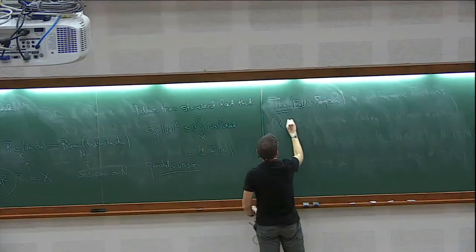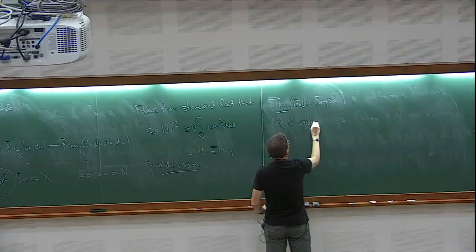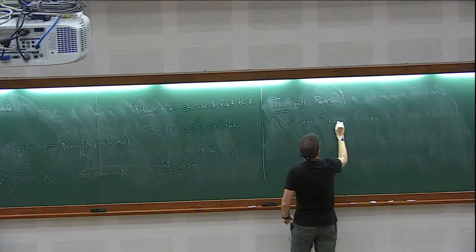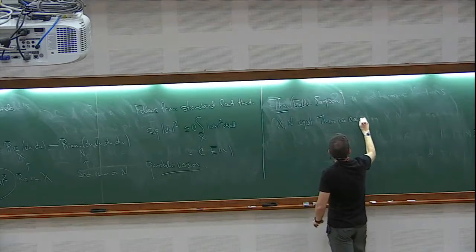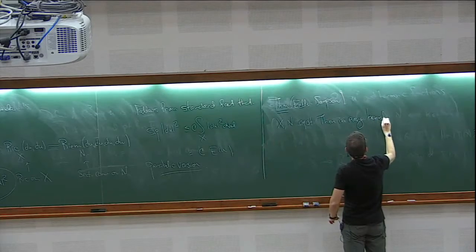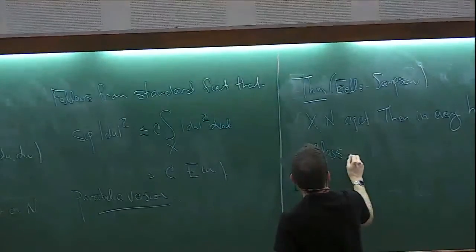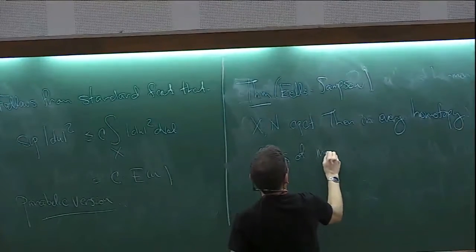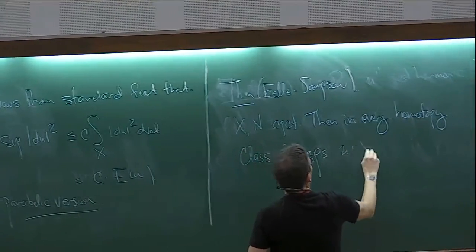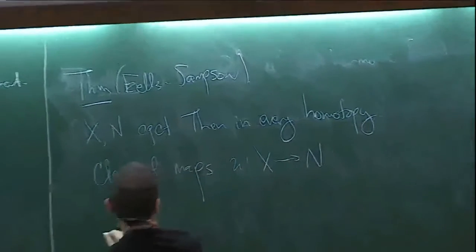Suppose that X and N are compact, then in every homotopy class of maps u from X, there's a harmonic map.